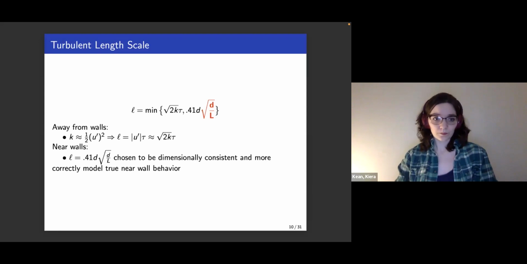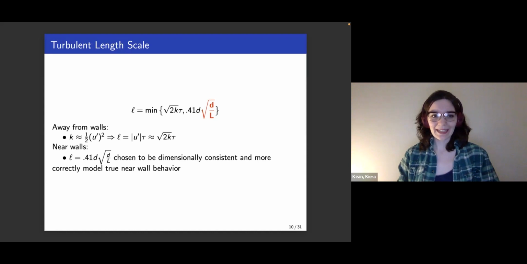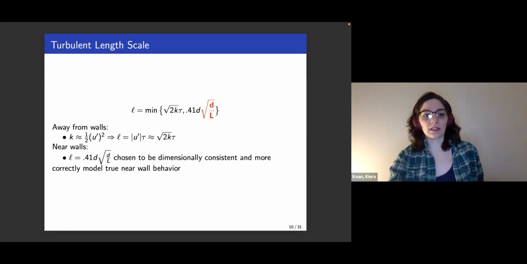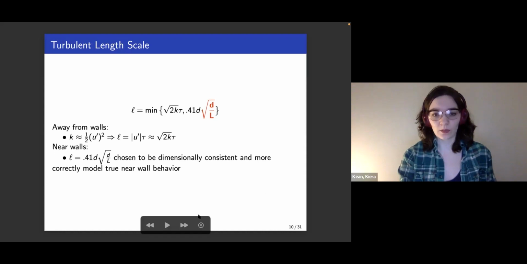And near the walls, we use this D to the 3/2. And again, L is a constant, the one that we saw before. So this is dimensionally consistent as we have the square root of L, and will more correctly model the true near wall behavior.